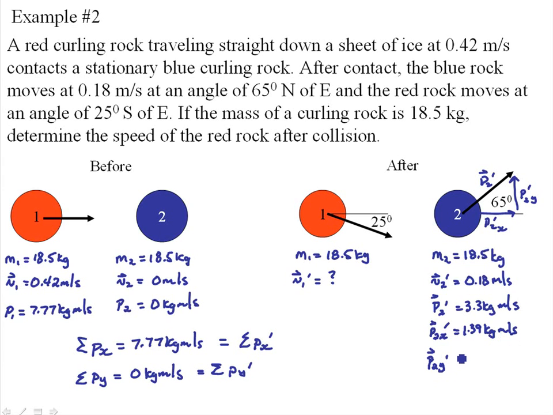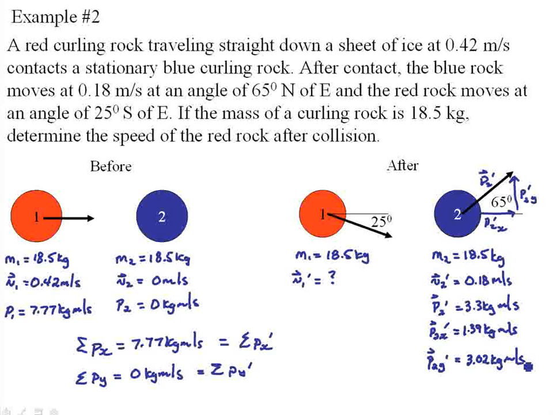P2y after turned out to be 3.02 kilogram meters per second. Here's a little piece of advice: whenever you see things at angles, you're going to find all its components every single time. So you find the resulting from trig, you find the x and y components, just like we were doing with forces back in the review. So object 2 is done.